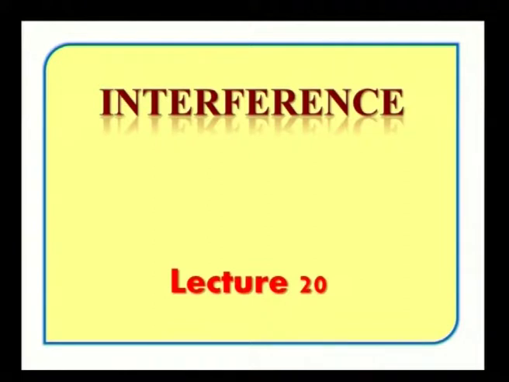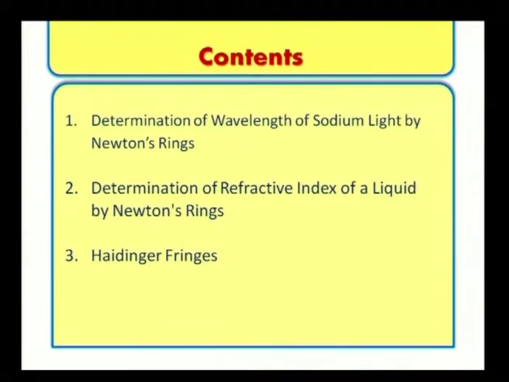In lecture 20, the contents will be as follows: number 1, determination of wavelength of sodium light by Newton's rings; number 2, determination of refractive index of a liquid using Newton's rings; and lastly, Haidinger fringes.